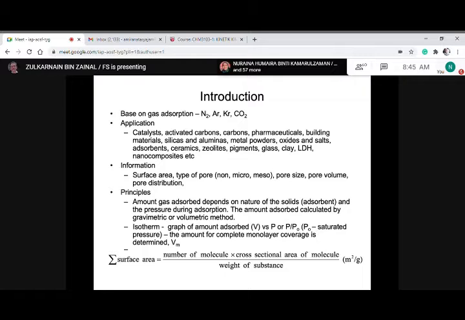When you know the surface area, then you can at least predict that you should get a better rate of reaction for a certain catalyst that you have for catalysis. Of course, there are so many others.